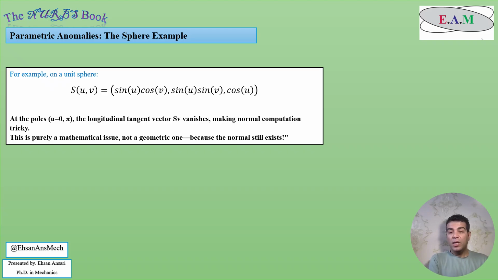For example, on a unit sphere at the poles u equals 0 and u equals pi, the longitudinal tangent velocity Sv vanishes, making normal computation tricky. This is purely a mathematical issue, not a geometric one, because the normal still exists.